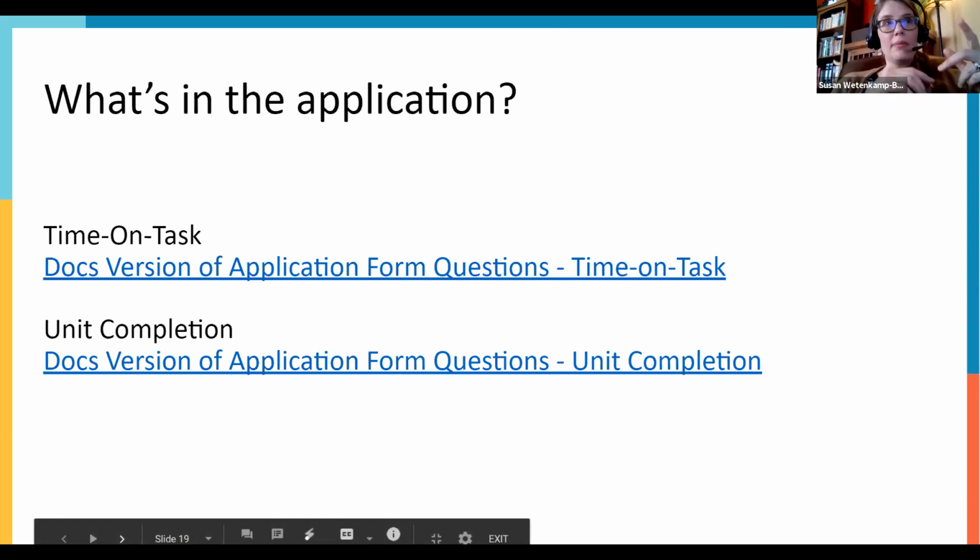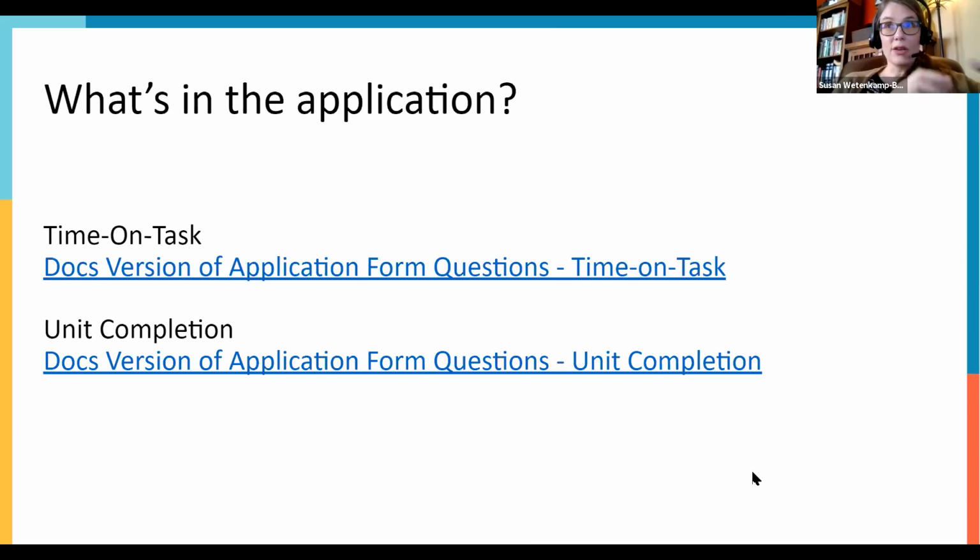And two forms, why two forms? Time on task, unit completion. So time on task is going to be for any learning management system that has the ability to pull a report and tell you how much time students have been spending in the course on the learning materials. Most learning management systems don't do that, but a few of them do.